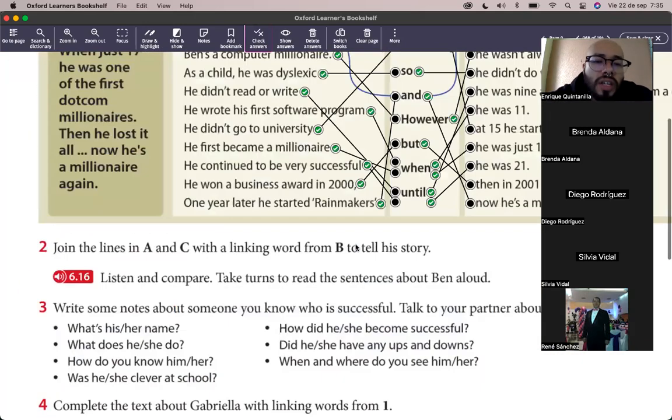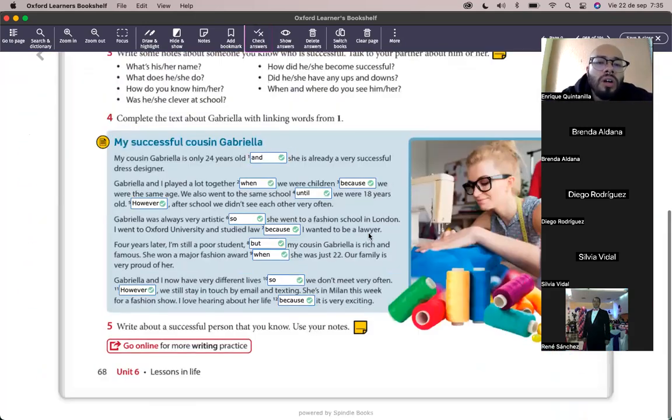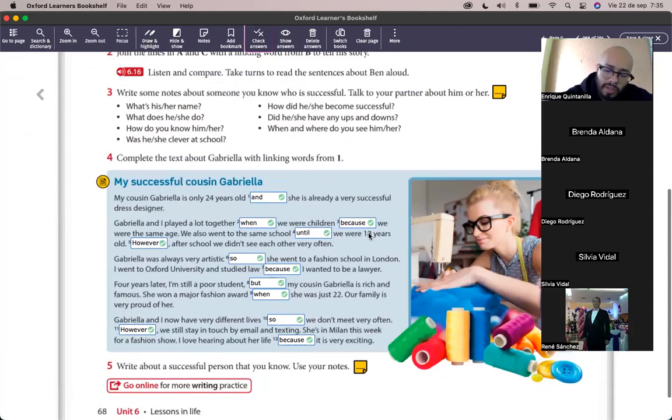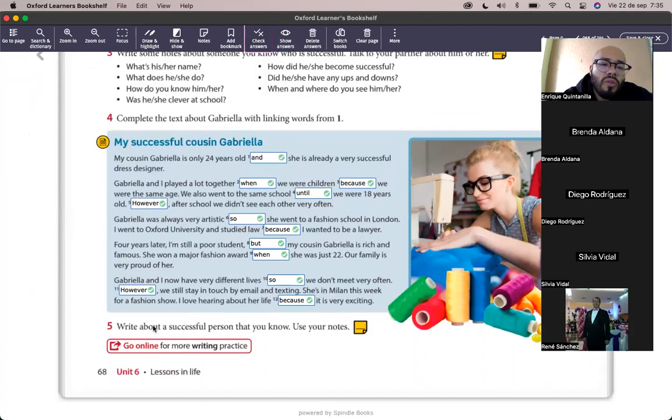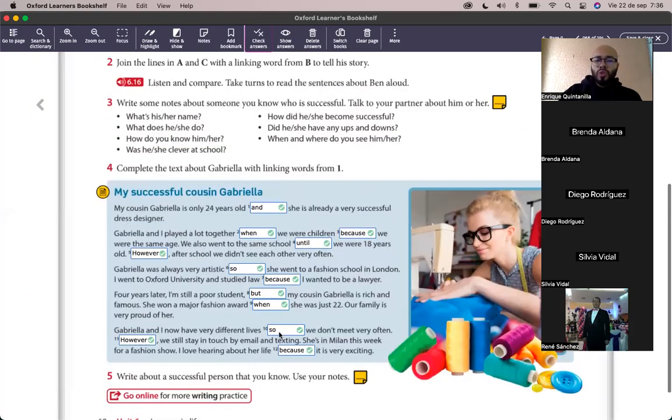So what are we doing for homework? For homework, you have today, tomorrow, Sunday, y les voy a dar chance que lo entreguen hasta el Monday, yeah? So here it says, write about a successful person that you know. Yeah, one person, it could be a friend, it could be a family member, a person that you know.